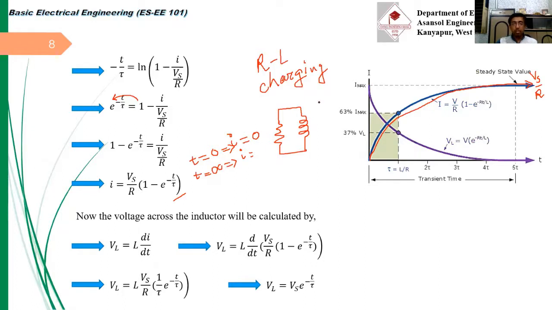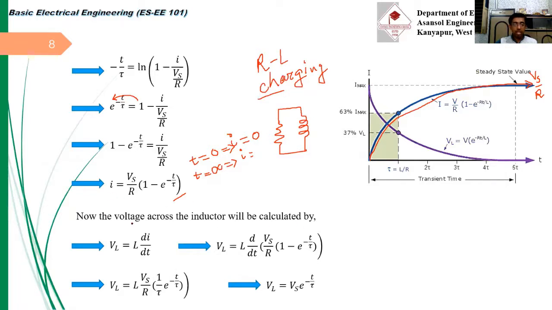Whatever we are discussing here is the RL charging circuit, and if there is no voltage source in the circuit and the inductor is previously charged, then that type of circuit is called an RL decaying circuit. Now going back to the charging circuit, what is the voltage across the inductor?